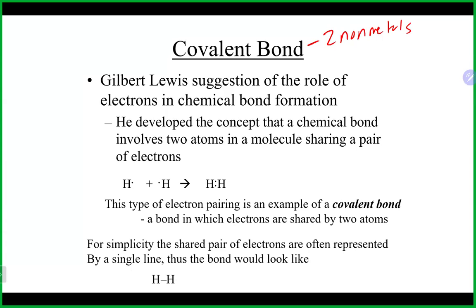So when you get two nonmetals together, neither one of them wants to give away their electrons because they're both looking to gain electrons. The best they can agree upon is that neither is going to give up their electrons to somebody else. So they're just going to agree upon sharing those electrons. When we get two nonmetals together, we will have sharing of electrons.